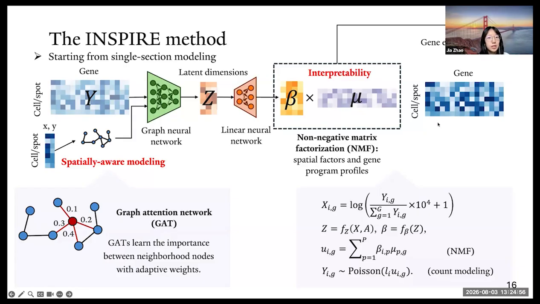Without going into detail, on this page I really want to show that we embed the structure into the latent space, and then coming out of the latent space, we achieve interpretability through NMF, and together approximate the original data. You can imagine the whole algorithm forms a kind of system from this input to its approximation.